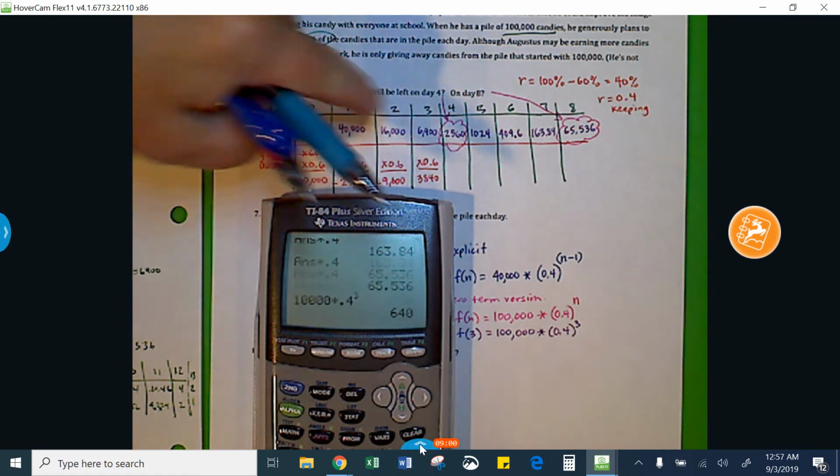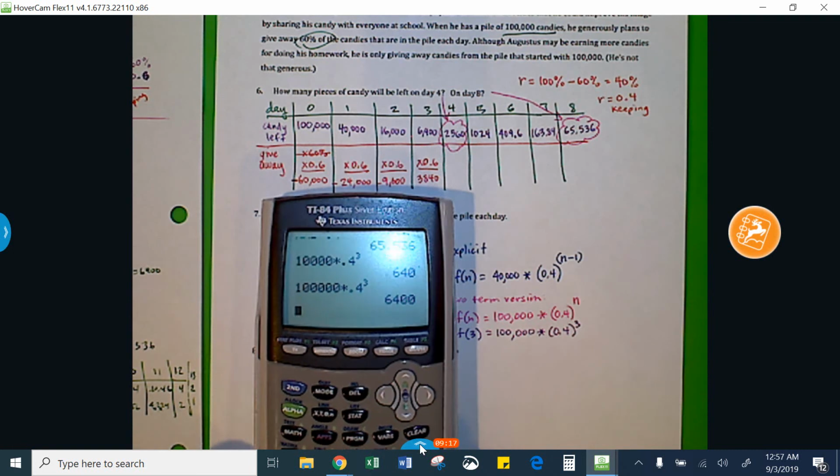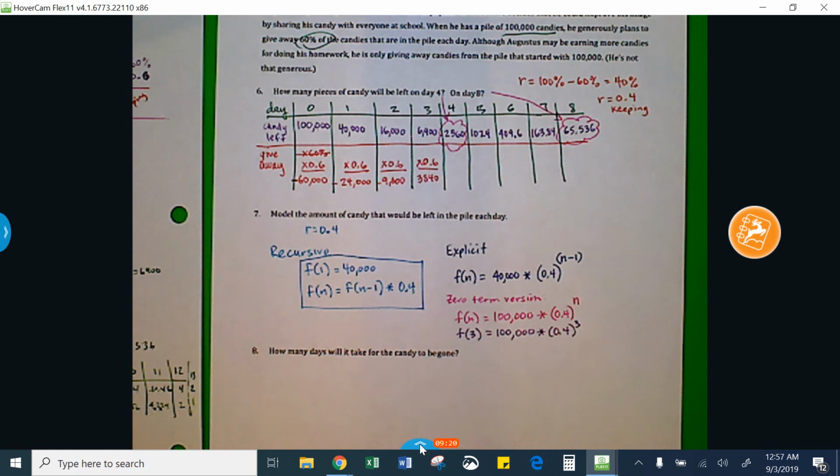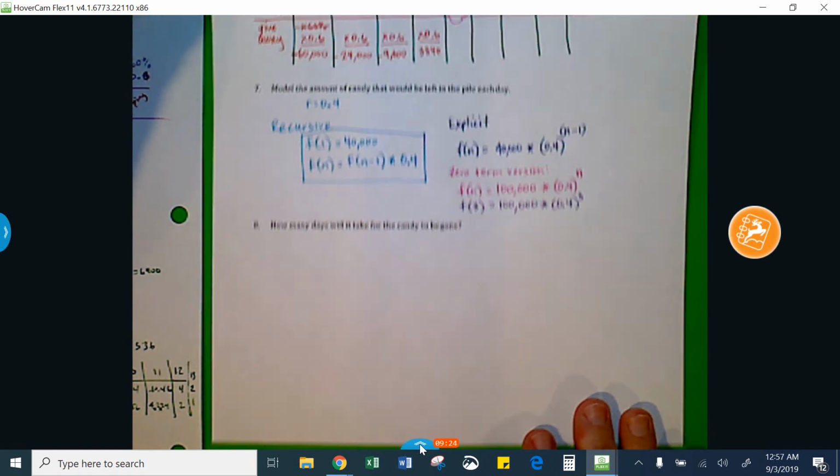And it should be 6,400. Whoop. It's not, because I didn't put in 100,000. Go again. That's better. 100,000 times 0.4 to the third power. That's what I'm supposed to get. Careful about entering your numbers just like that. When there's lots of zeros, it's easy to miscount like I just did.